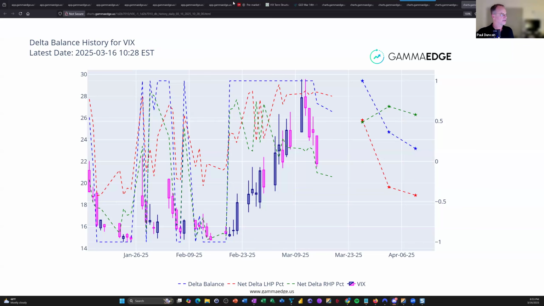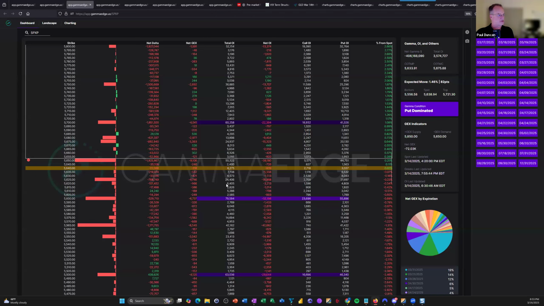For instance, as price moves up the chain here, we're effectively grabbing more out of the money calls and rejecting in the money. That makes our book longer, makes the dealer's book shorter, and then that moves price even more as they buy to hedge flat.